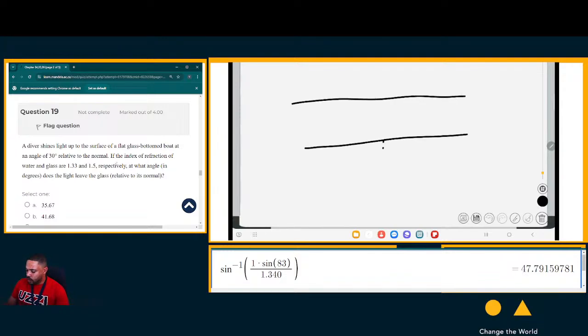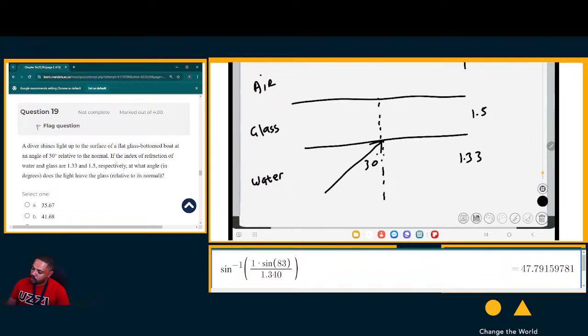It's moving at 30 degrees from water, which has an index of refraction of 1.33. It moves up to glass and then to air. Now this is 1.5 and this is 1.